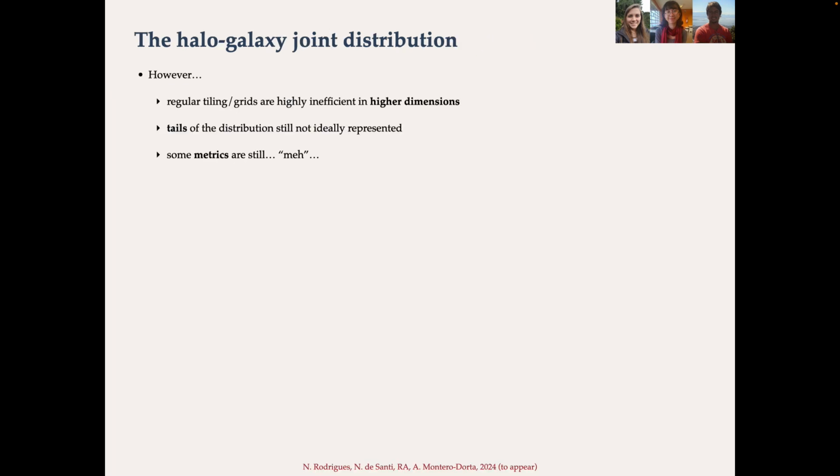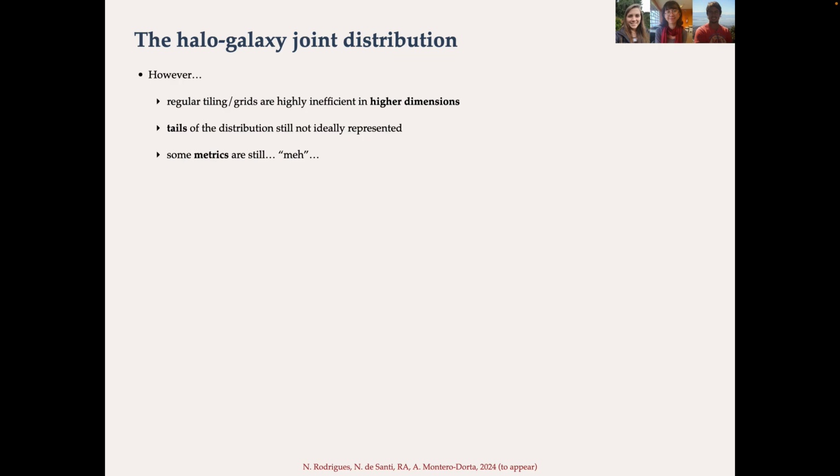Now, there are still some things which were not optimal in the way that we were doing things. For one thing, we were using grids in 2 dimensions in the parameter space of the galaxy properties. And of course, we wanted to do this for all the dimensions we want and not just for 2. However, tiling or gridding are highly inefficient methods in higher dimensions.